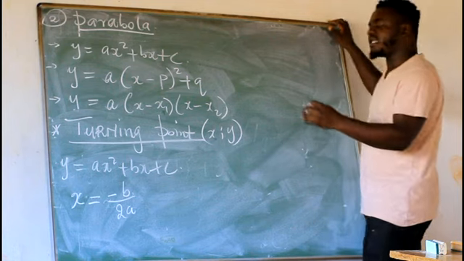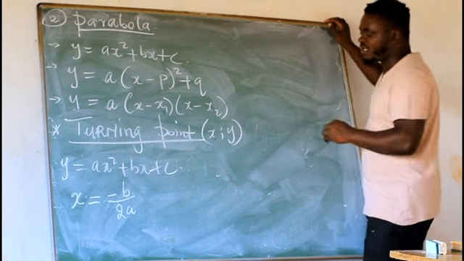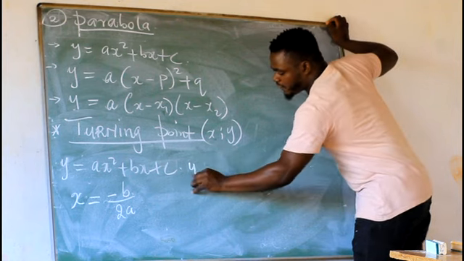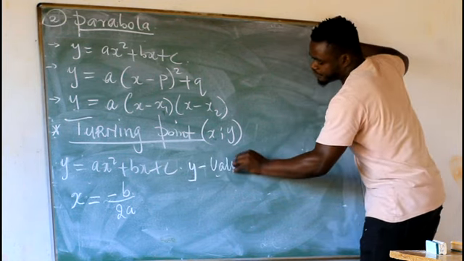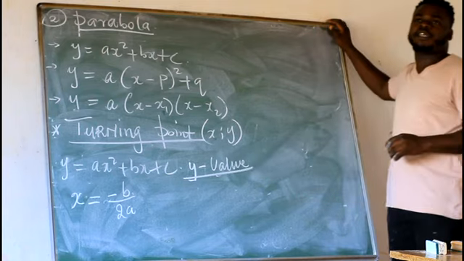After finding x equals minus b over 2a, you are left to find the y value. How do you find the y value?